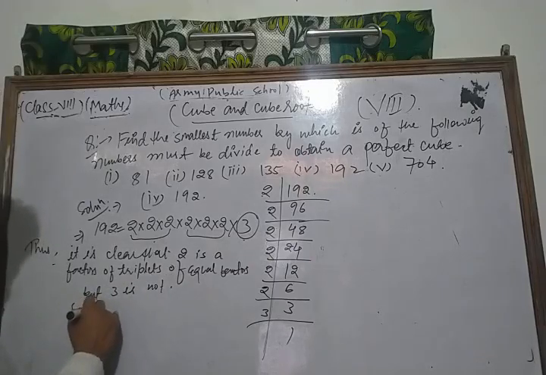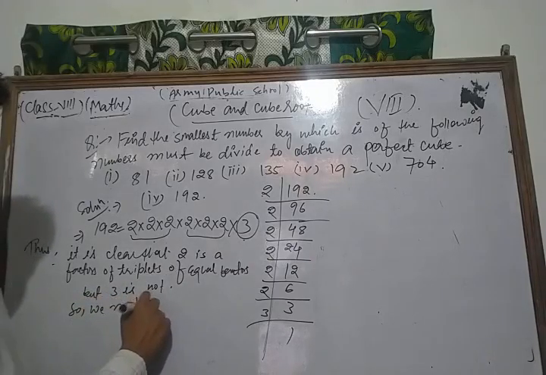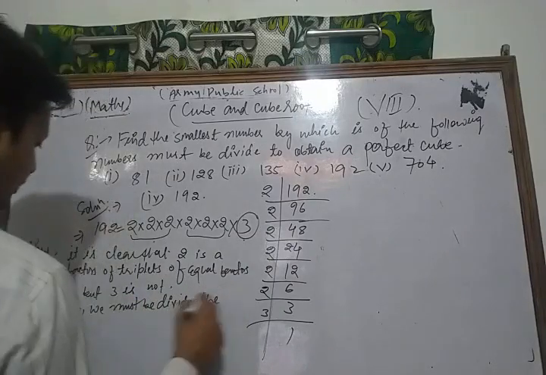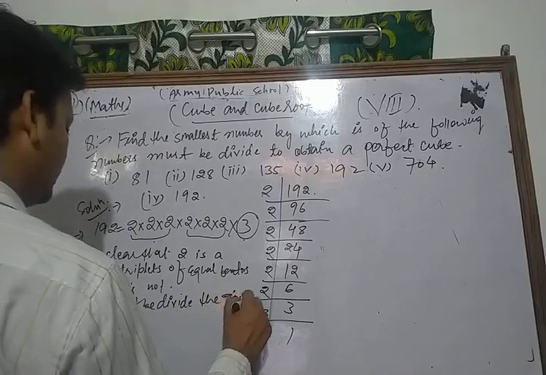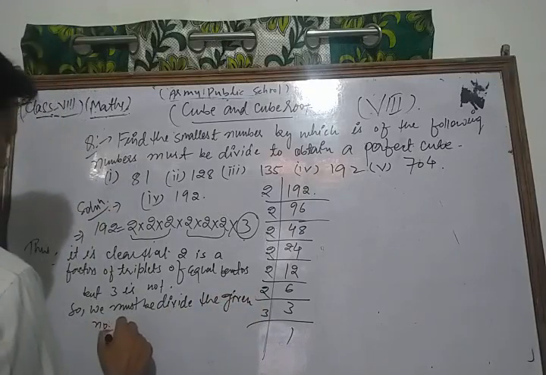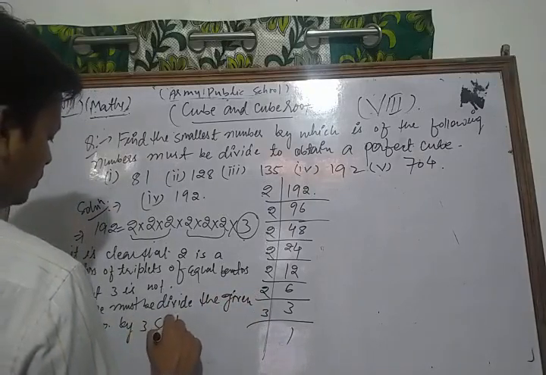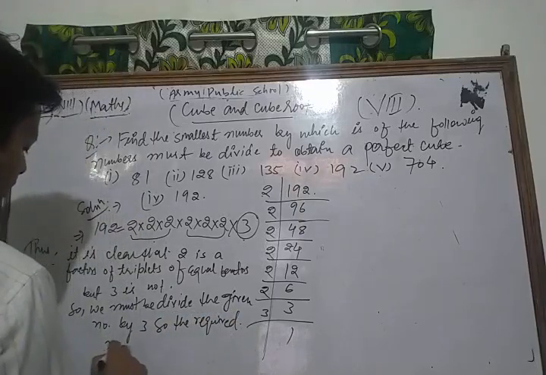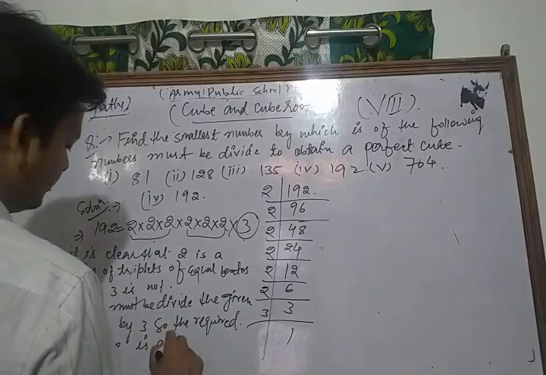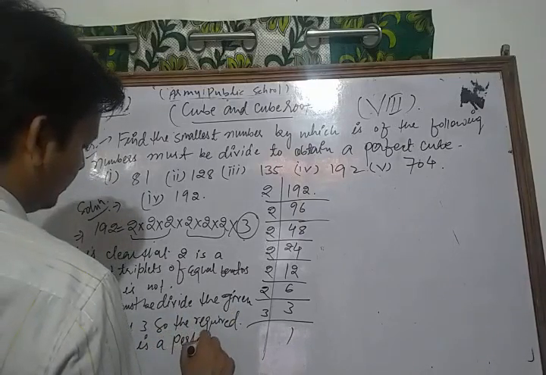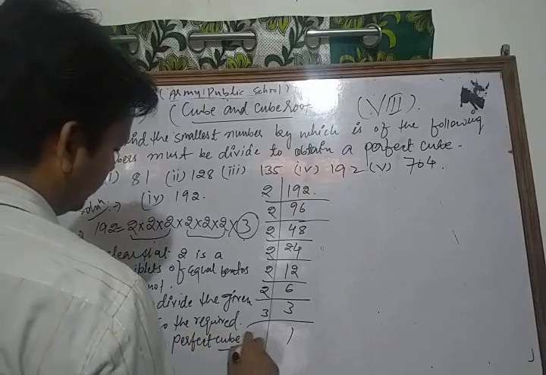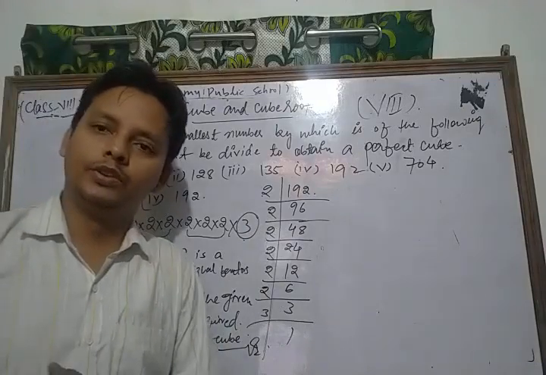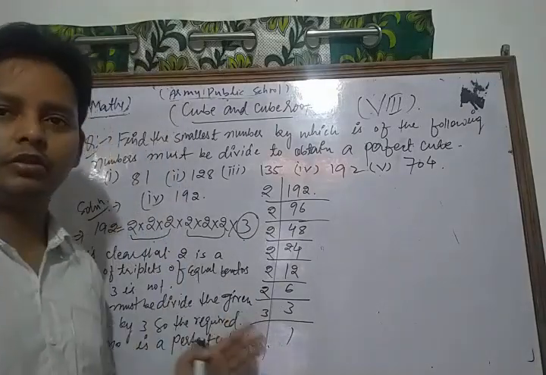So we must divide the given number by 3. So the required number is a perfect cube. This is the required solution. Okay, so in this way, this is the method to solve that type of question.